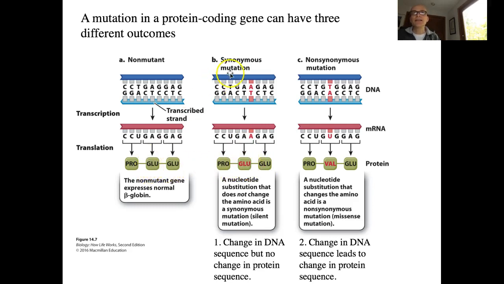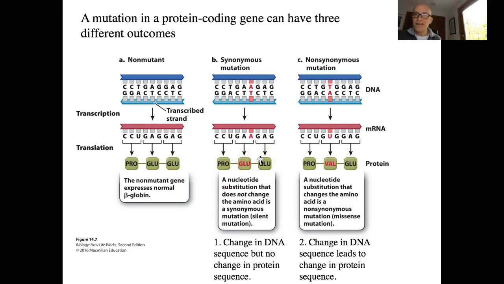Therefore, it's called a synonymous mutation because it sort of means the same thing. Synonymous means the same meaning. And the GAA here has the same meaning as the GAG, even though it is a point mutation. So that is a synonymous mutation.